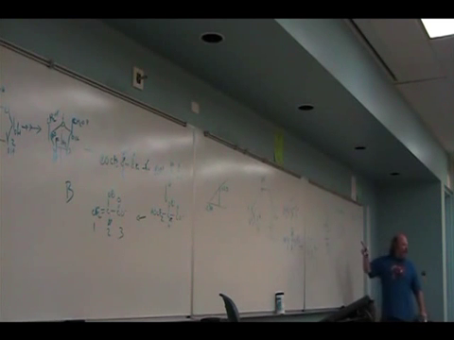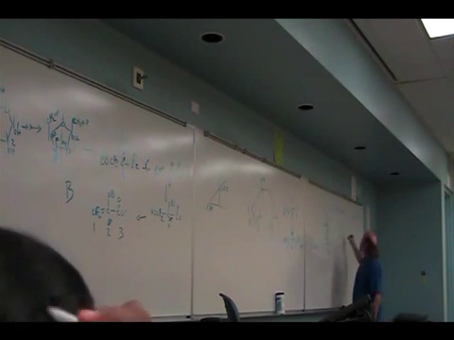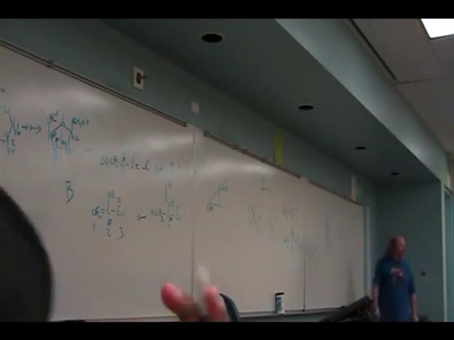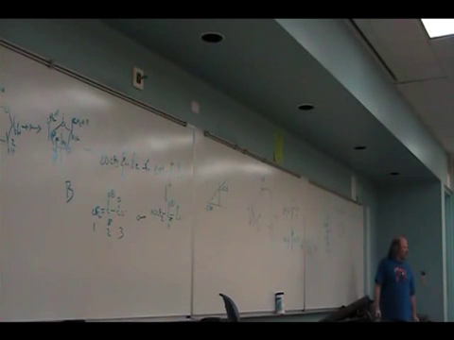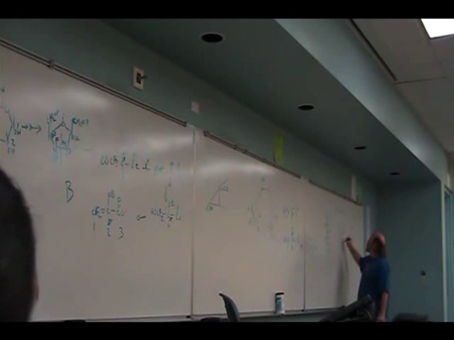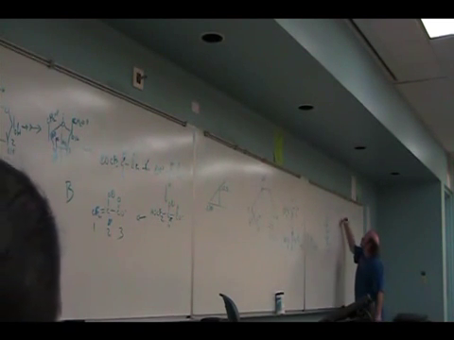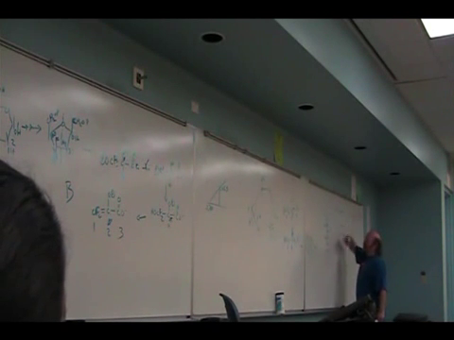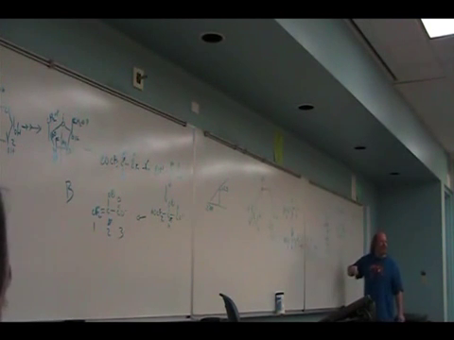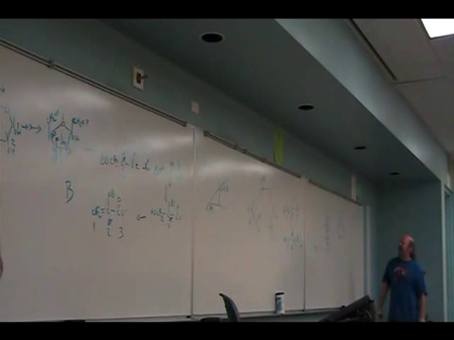Since this is an aldose, that means this is carbon number 1. Now, this means this is number 2, 3, 4, 5, and 6. What are we going to do with number 6 down here? We're going to stick it up. Now we have to figure out what to do with the other ones.